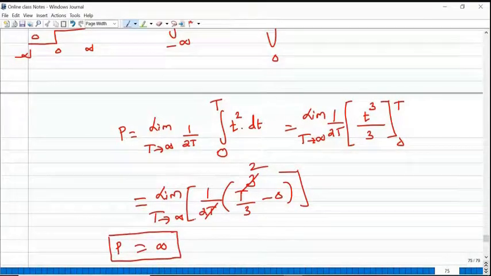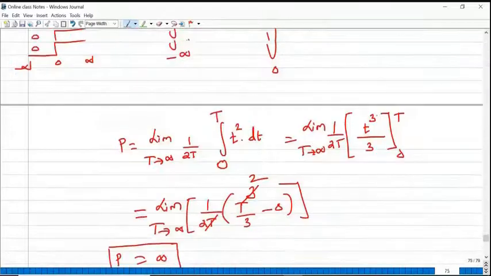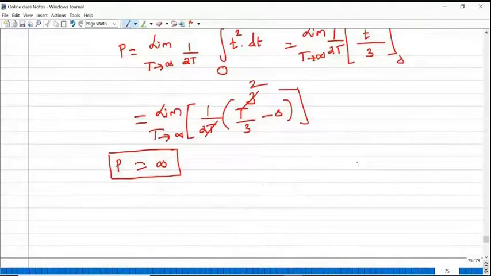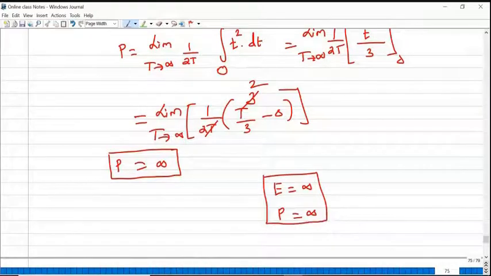So in this last signal example, t times u of t, the energy we got is infinite, and the power of the signal is also infinite. Energy of the signal infinite and power of the signal also infinite. From this information, we cannot conclude whether this is an energy signal or a power signal.